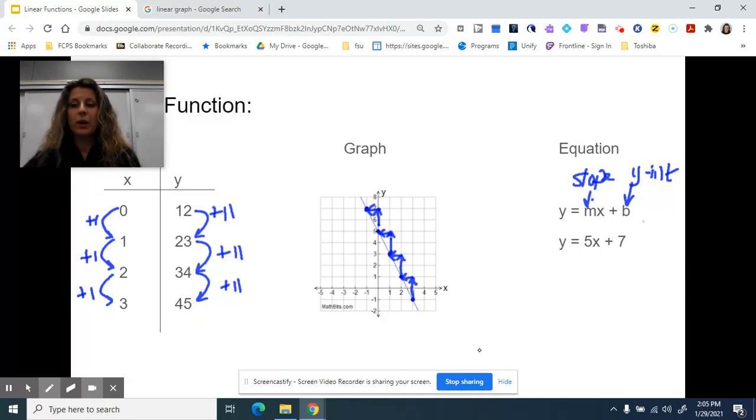So if we can put an equation into slope-intercept form, y equals mx plus b, then we know it is a linear function. This one is already in the form y equals mx plus b, so it's easy to see the slope is 5 and the y-intercept is 7. Yes, this is a linear function because it has that form.